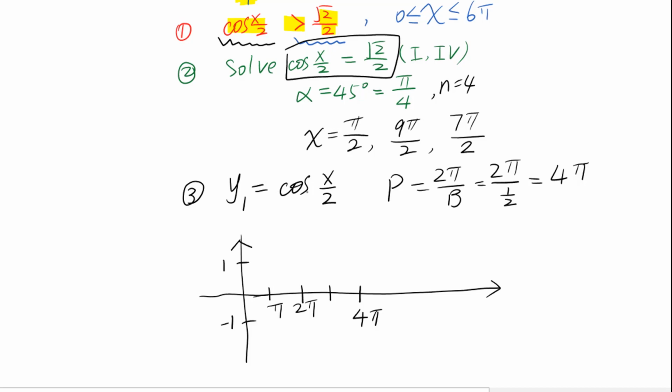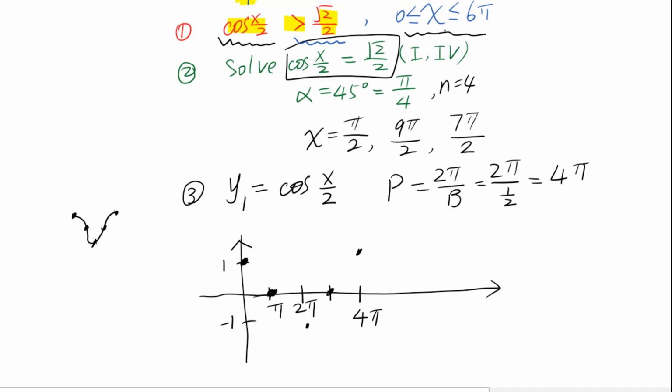For positive cosine x over 2, the graph will be like this. We need 5 points, so we start from the maximum and keep going like this.